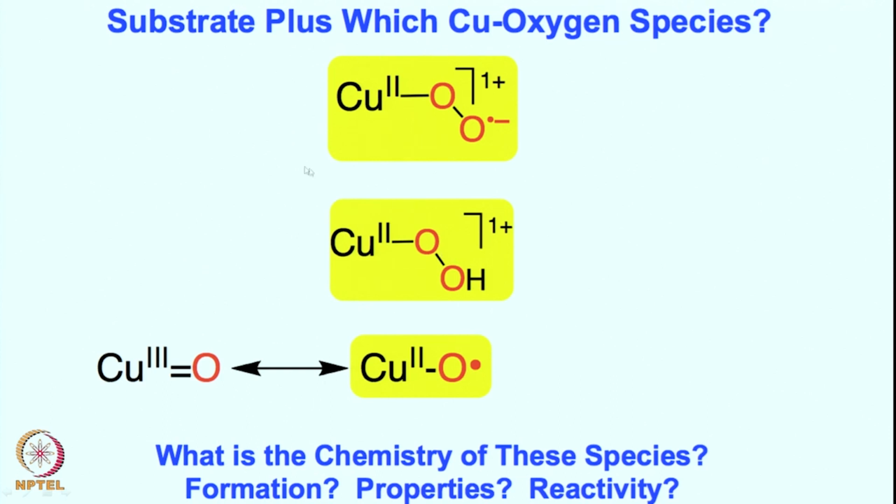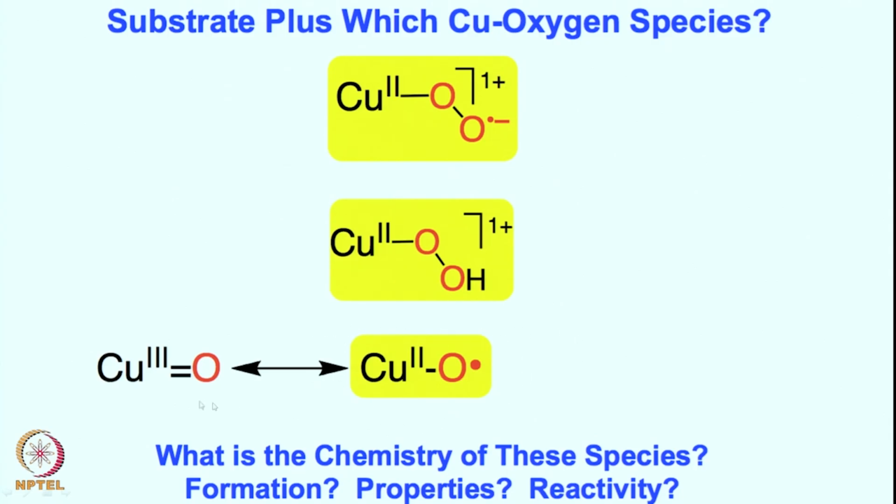So, this species people are able to synthesize and see that it is reactive. This species also people are able to synthesize and found that this is also reactive for hydroxylation. Of course, the substrate has to be judiciously chosen, but nonetheless this species is always believed to be much better than these two species, but synthetically no direct example or crystallographically characterized example exists.